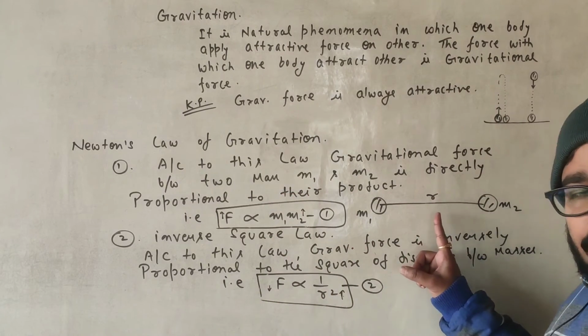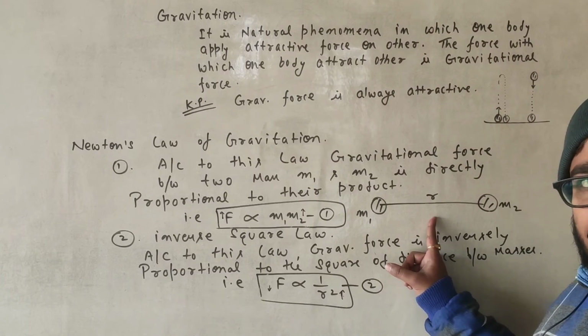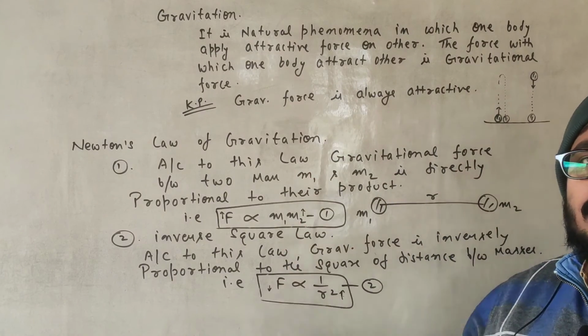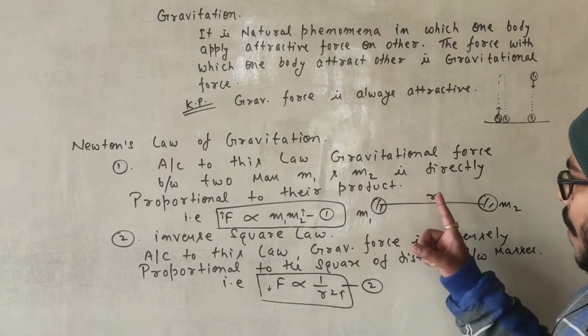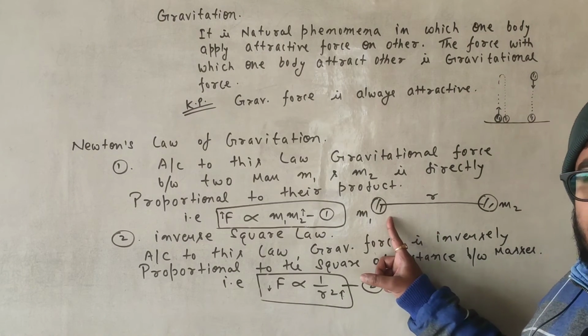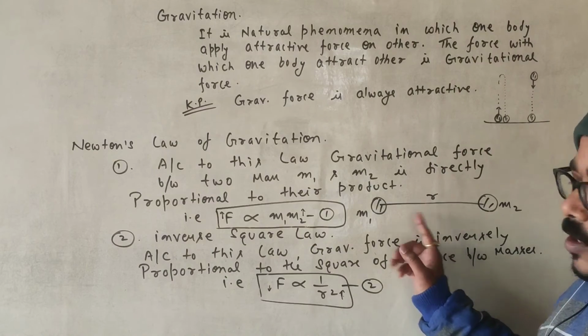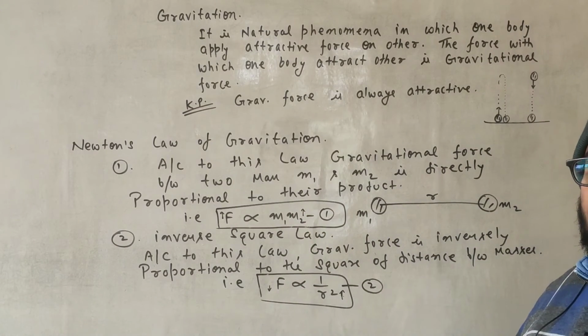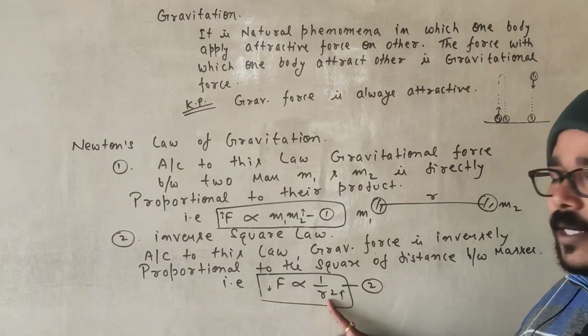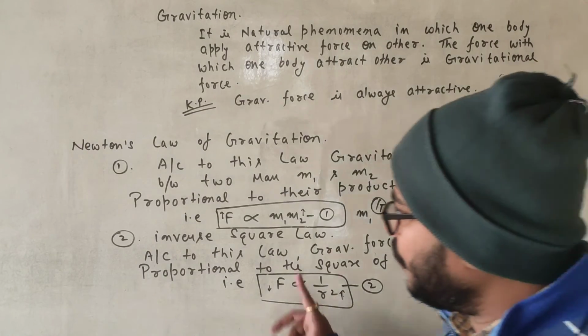If you increase the distance thrice, force falls down 9 times. If you increase the distance 4 times, force falls down 16 times. This is the meaning behind the square.